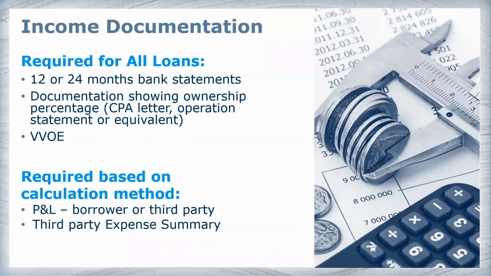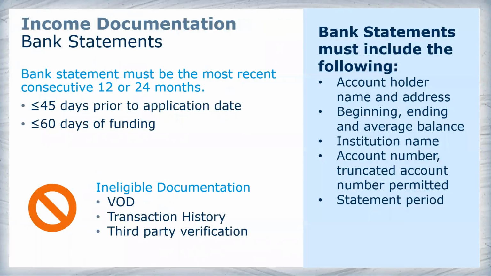And so as you're going through the process, the income documentation for the bank statements must be the most recent consecutive 12 or 24 months. And so you want to look at that based on either your application date or your funding date. And so that's what you're going to base the income documentation, the bank statements you need, off of that.